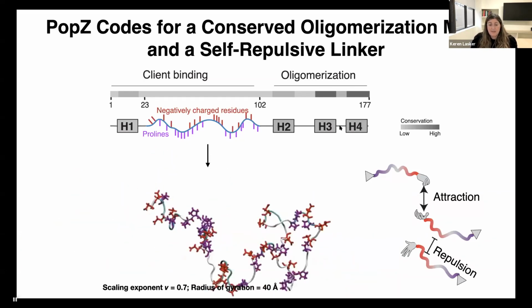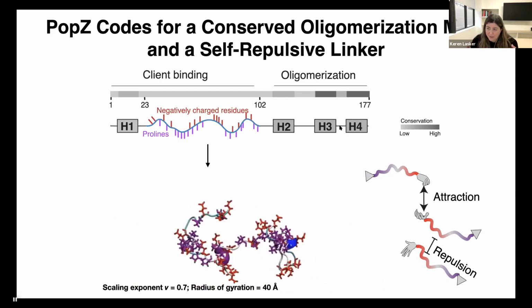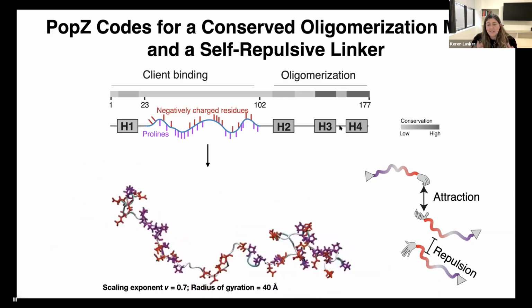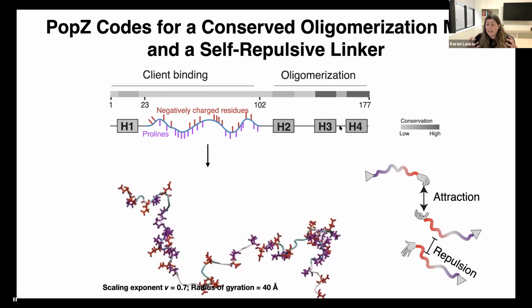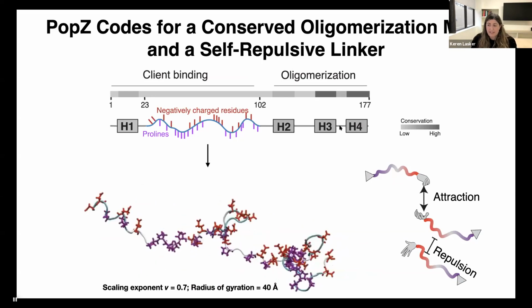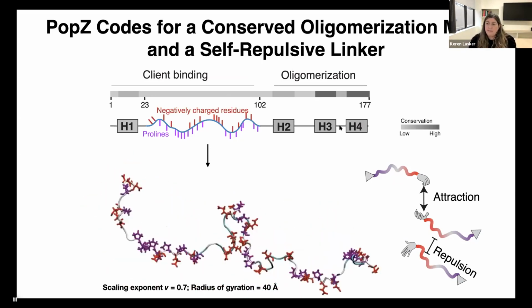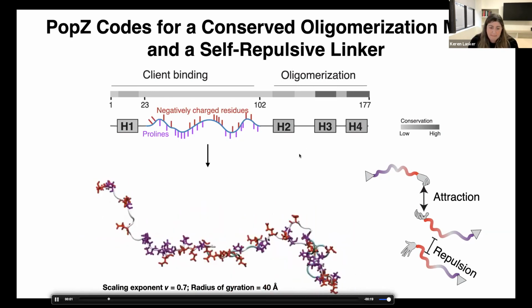So that led us to a model in which there is a balancing act, which I'm going to show you in a few slides, between attraction forces implemented by this C-terminal oligomerization domain, shown here by those hands, and repulsion forces implemented by the linker.